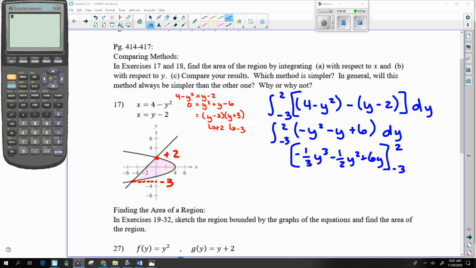So fire up the old calculator here, and let's plug in the 2 minus the negative 3. So the 2 is negative 1/3 x to the third minus 1/2 x squared plus 6x.